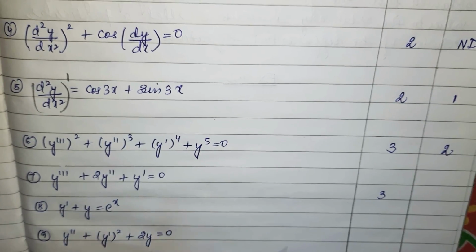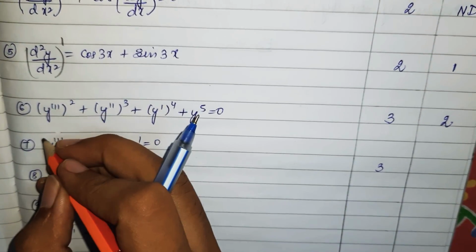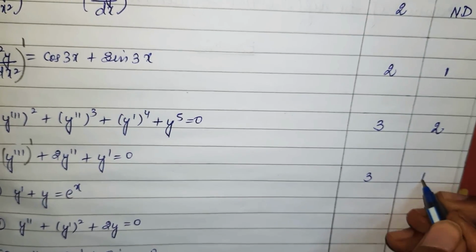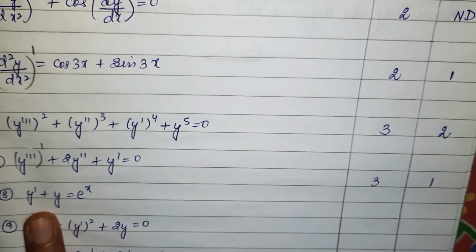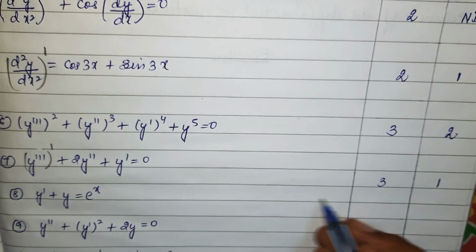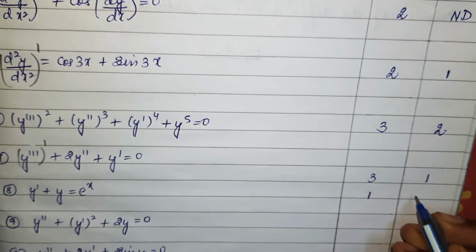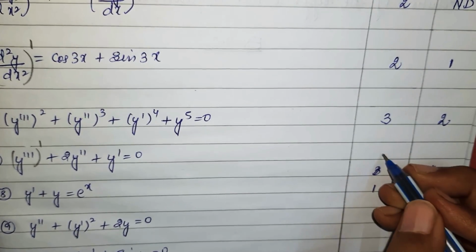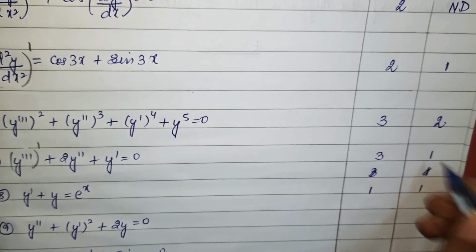Again, this is a polynomial function. If this is a polynomial function, power is 1. So degree is 1. Highest order 1. Sorry, come here. And this is your 3 and 1.